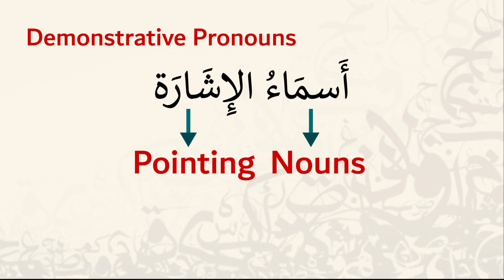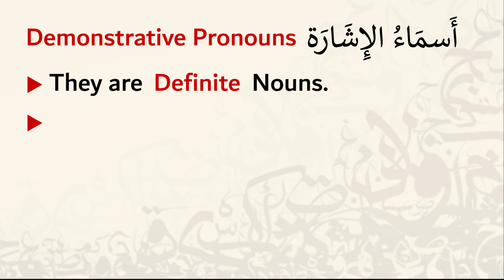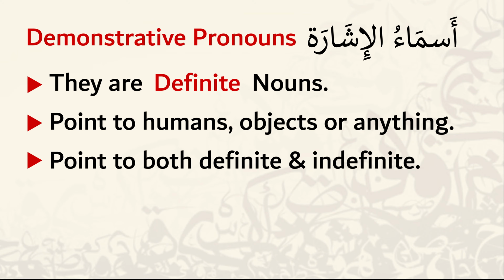The pointing nouns or أسماء الإشارة are definite nouns that are used to point out a person, an object, or anything else. So they themselves are definite, but they can be used to point out both definite and indefinite nouns.